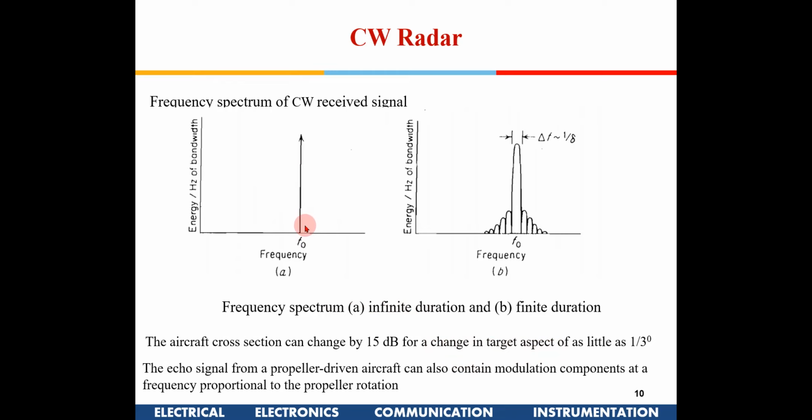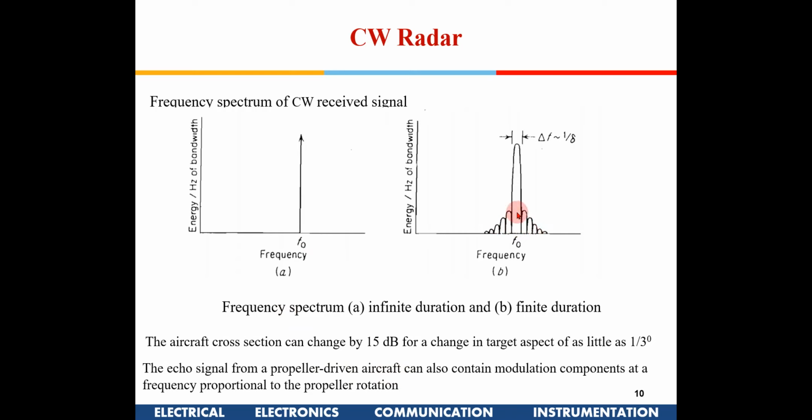Also, the radar is not going to continuously keep tracking the target. And echoes from propeller-driven aircraft also spread the spectrum. So this is the kind of received spectrum we practically see.